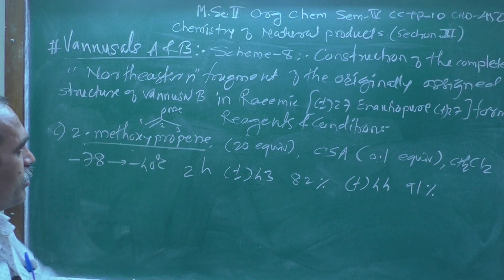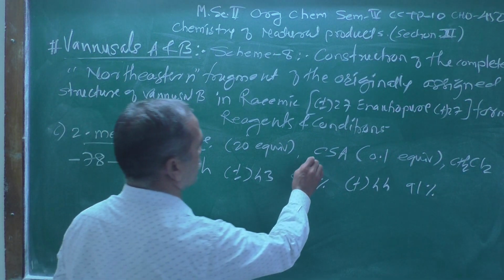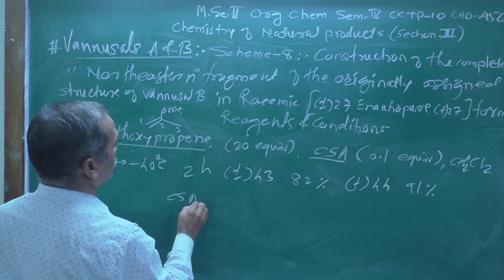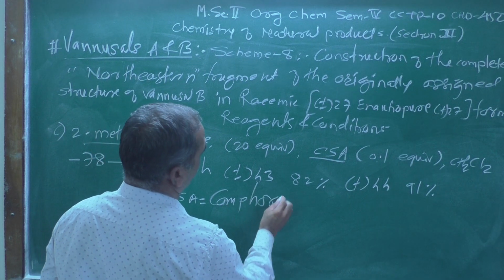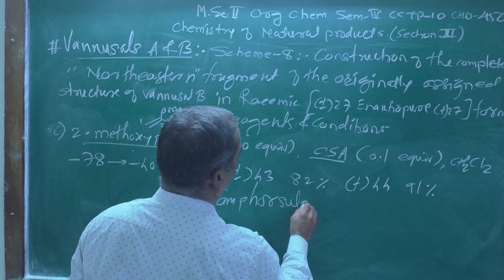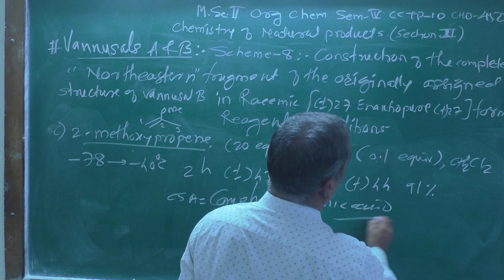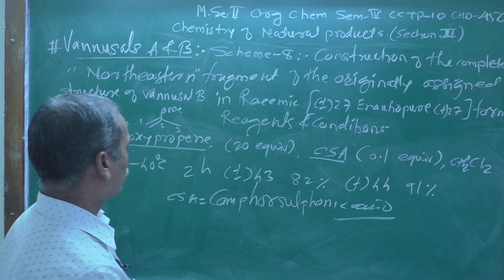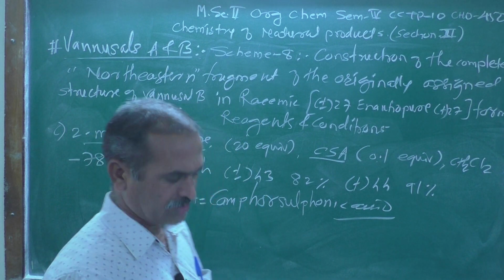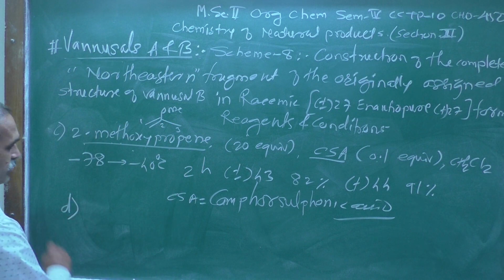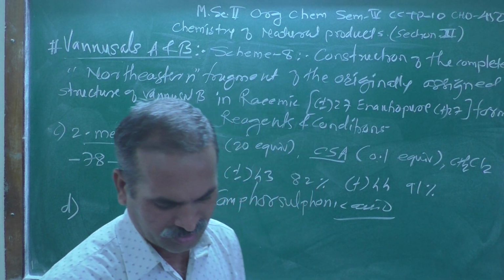So this will be the structure, which was taken approximately 20 equivalent, and then here is CSA, camphor sulfonic acid, used over here.